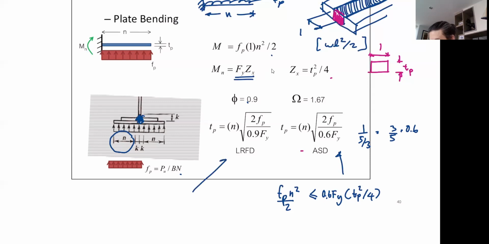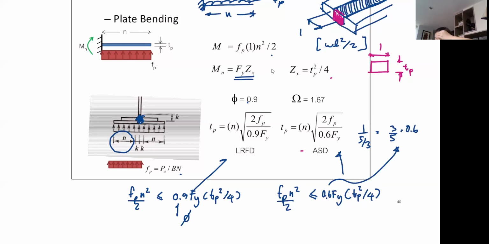If you're confused, again, FP N square over 2, that moment cannot be greater than 0.9 Fy multiplied by the plastic section modulus TP square over 4. And this is your reduction factor. Okay, any question?